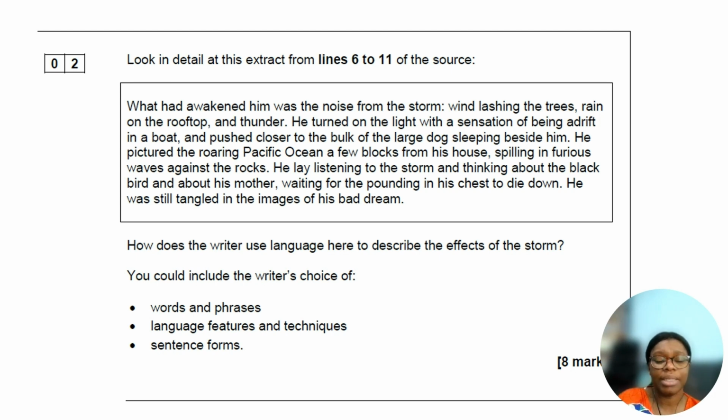You'll need to consider any use of interesting word classes such as verbs, adverbs, adjectives, nouns, connectives, any use of language devices such as similes, metaphor, euphemism, personification, or onomatopoeia, and any use of sentence forms such as simple sentences, compound sentences, complex sentences.